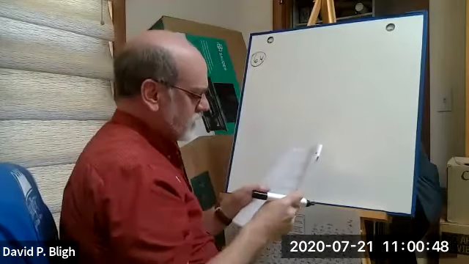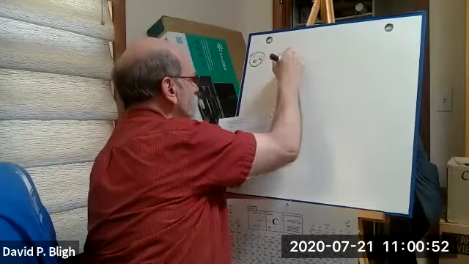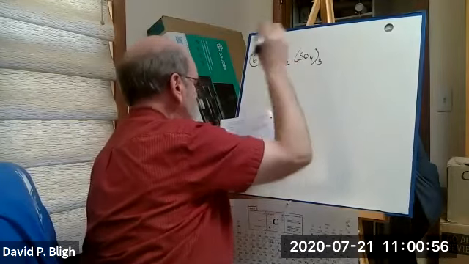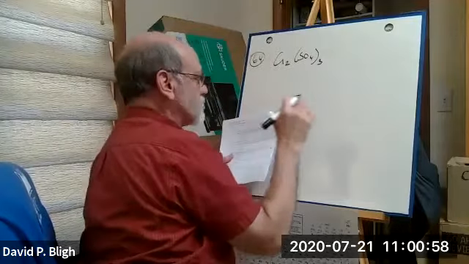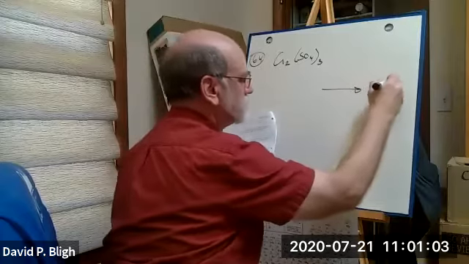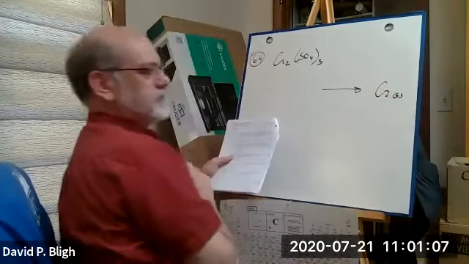Your solution is this Cr2(SO4)3, and you're going to produce this on the bumper.